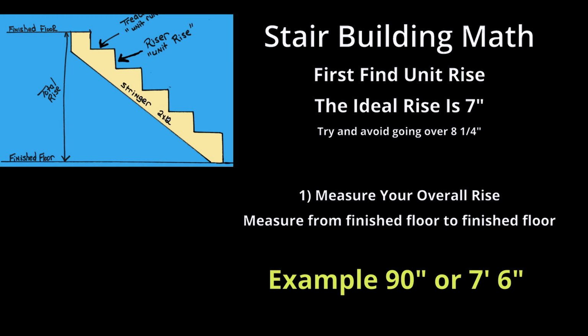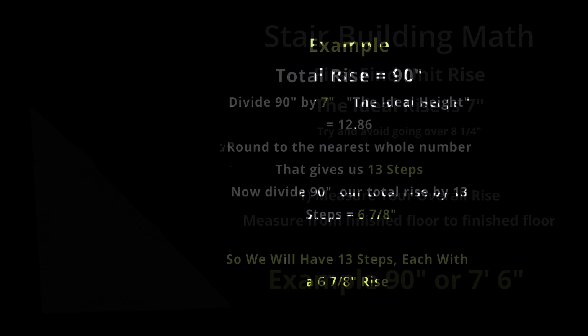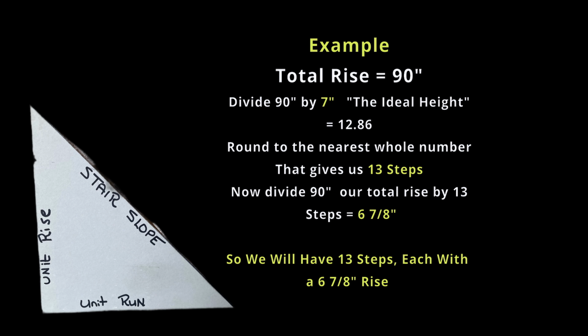So to find the unit rise though, you're going to need to measure the overall rise of the staircase from finished floor to finished floor. In our example, it's going to be 90 inches or 7 foot 6 inches. So now we're going to take our example 90-inch overall rise and we're going to divide it by our 7-inch ideal height. It's going to give you a total of 12.86.